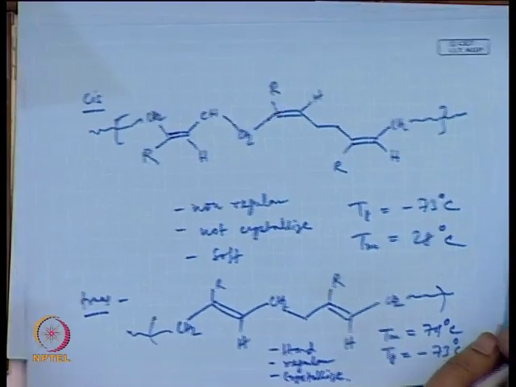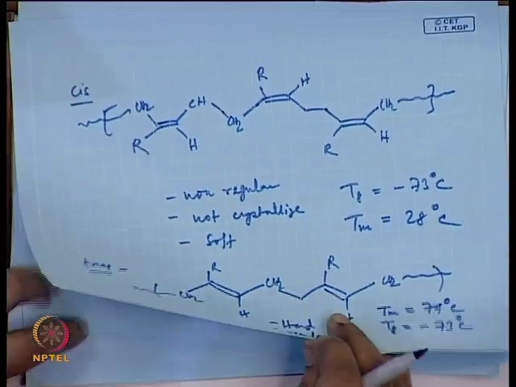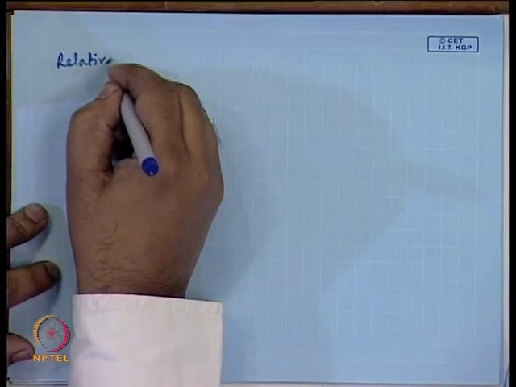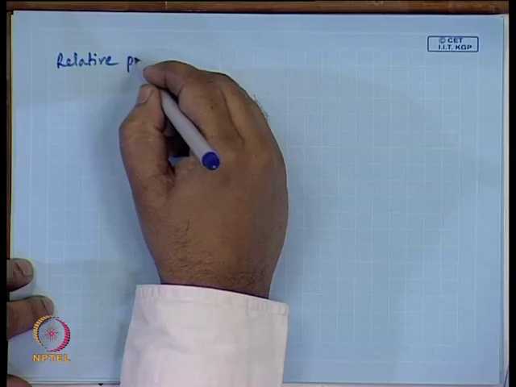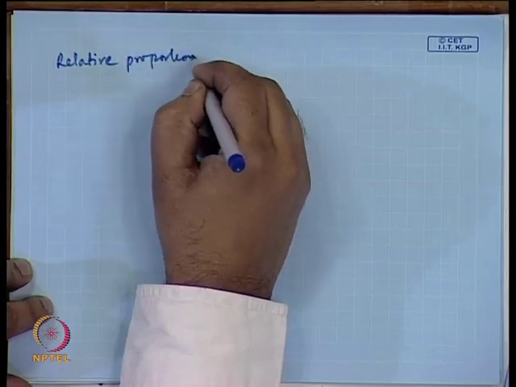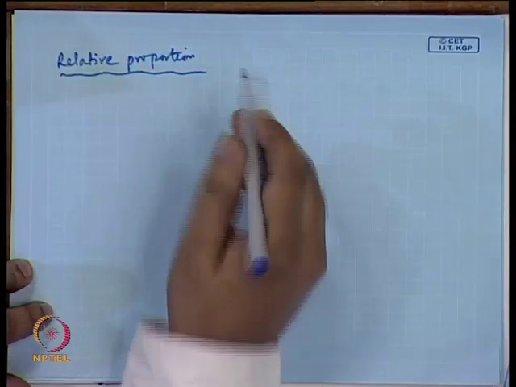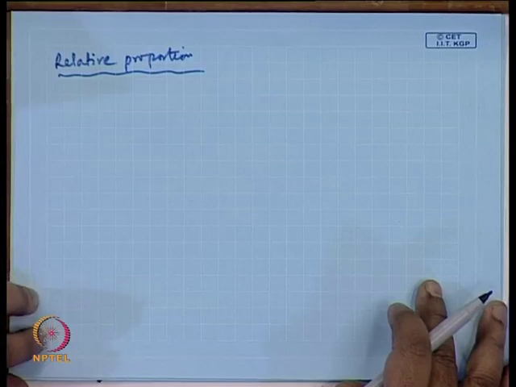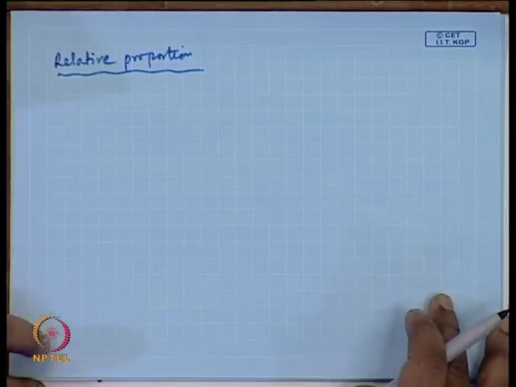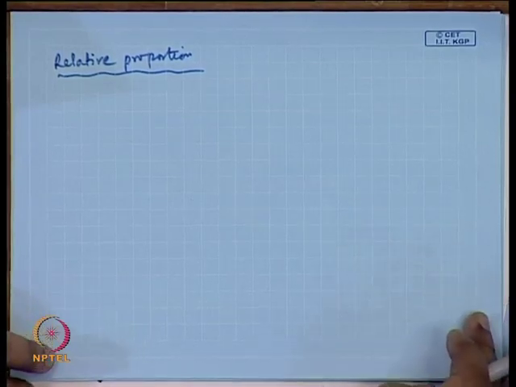Now, how can you think of which one is a dominant product or which one is not a dominant product? So, in a polymerization, what is the relative proportion of all the possible structures we just discussed: 1,2 addition, 3,4 addition and 1,4 addition.